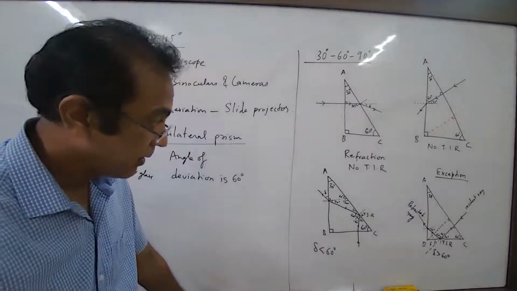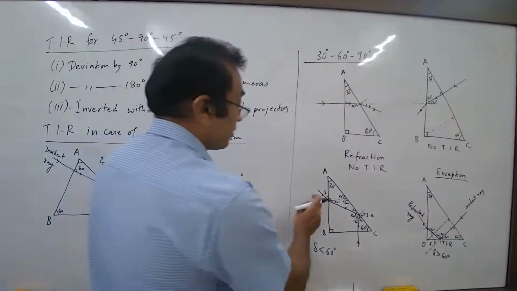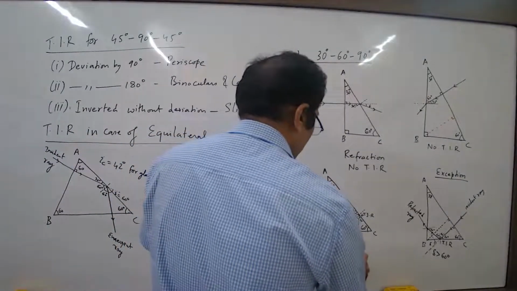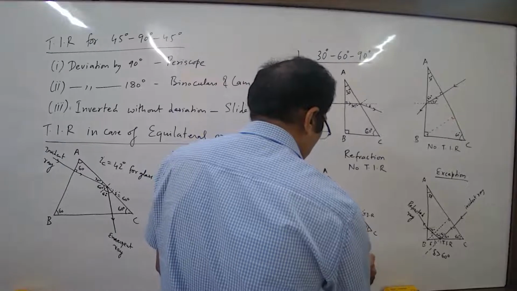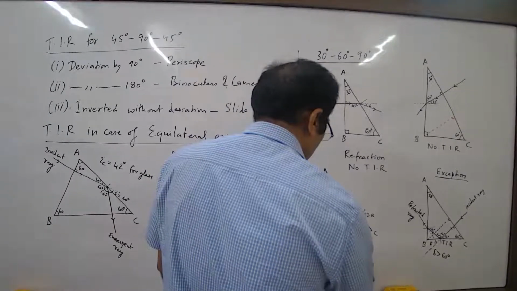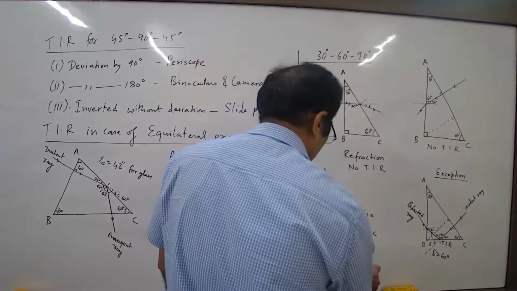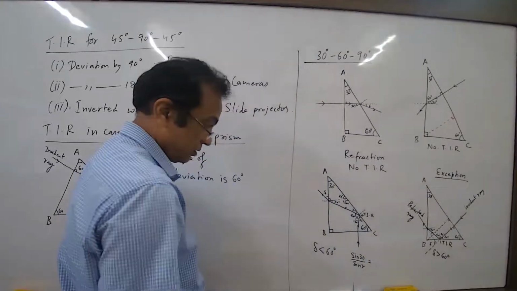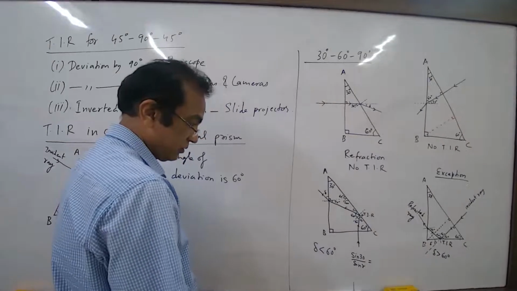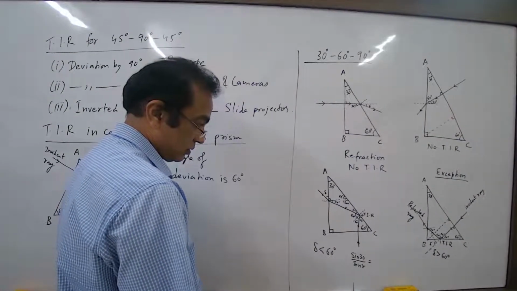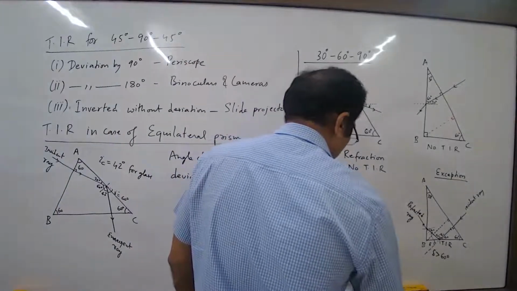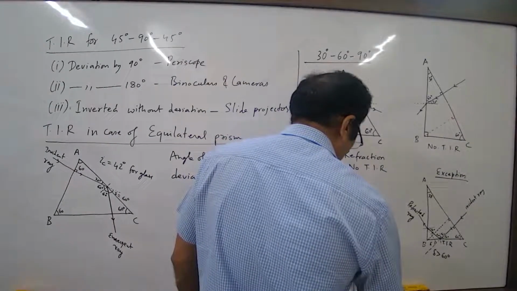How do I verify? So when I apply sin i by sin r over here, sin i is sin 30 upon sin r. So for glass and air, what is the refractive index of air with respect to glass? This will be 1 by 1.5.